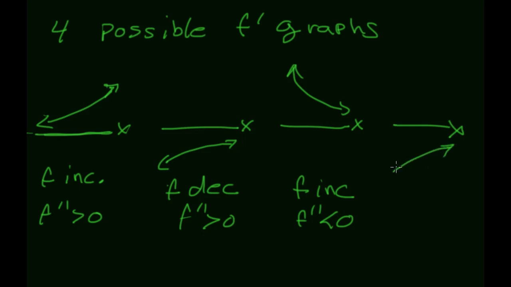And here I want to be decreasing and negative, because I'm below the x-axis, because the derivative is less than 0. f is decreasing, but because the derivative is decreasing, the second derivative has to be negative. So these are the four possible f prime graphs.